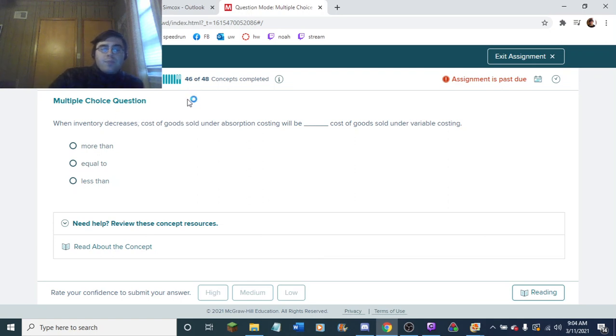Okay, when. Okay. High inventory. Basically, I have this part memorized. High inventory is high profit under full absorption costing. So, high inventory is high profit under full absorption costing. Low inventory is low profit under absorption costing, which means a higher cost of goods sold.